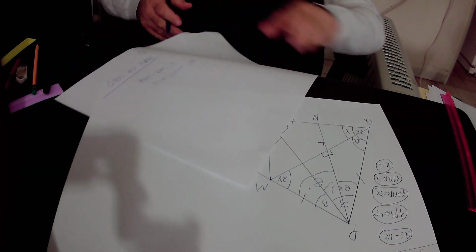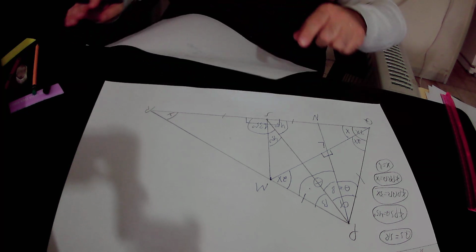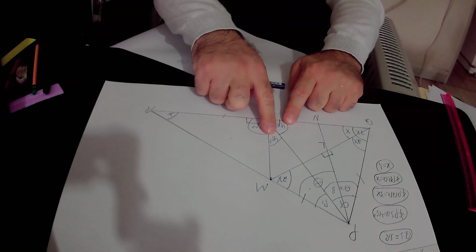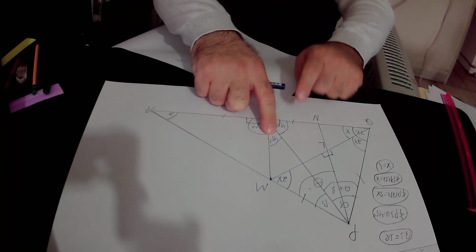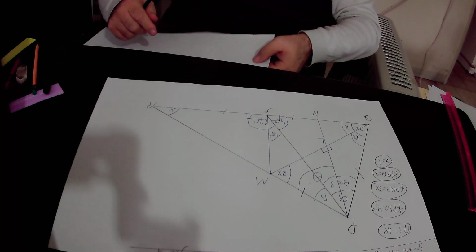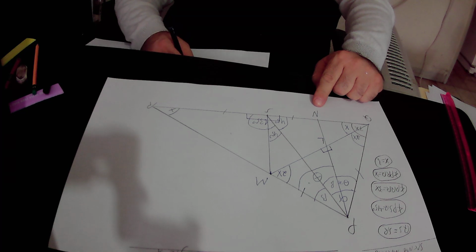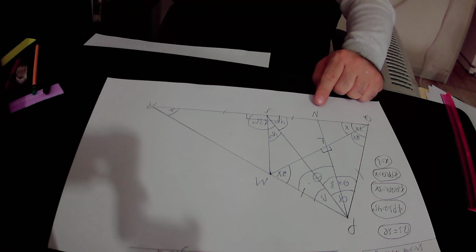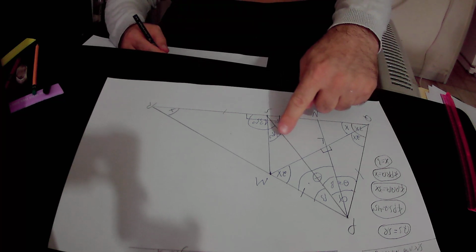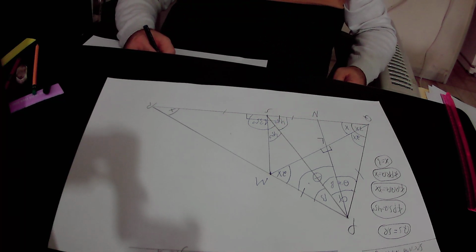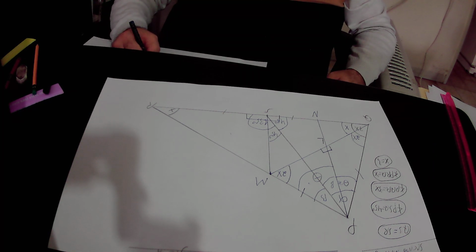And those two angles are equal to each other, they are both equal to 45 degrees. So we can write down that angle NSP equals angle MSP, and they are both equal to 45 degrees.